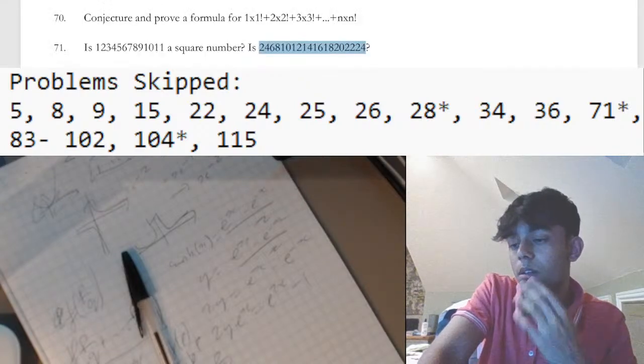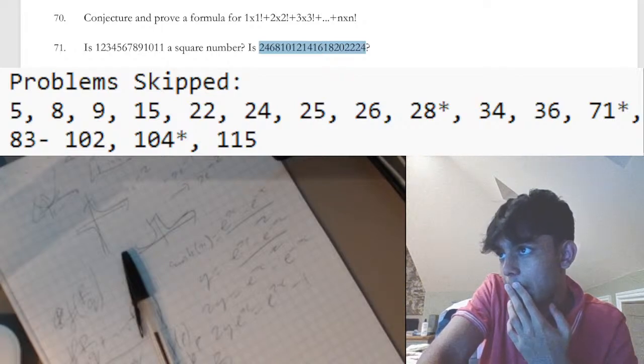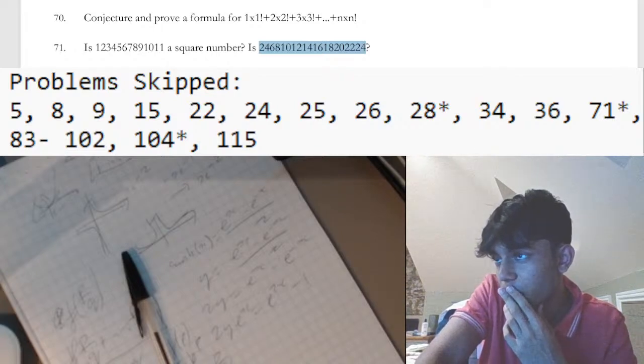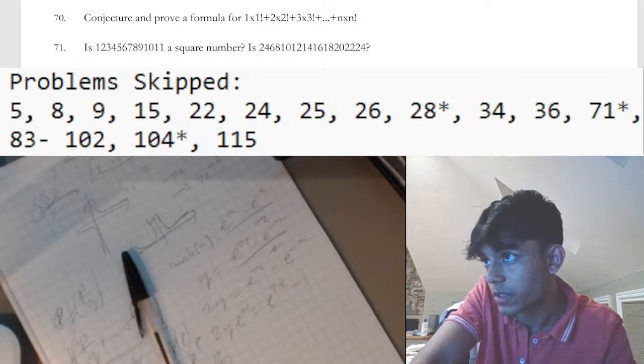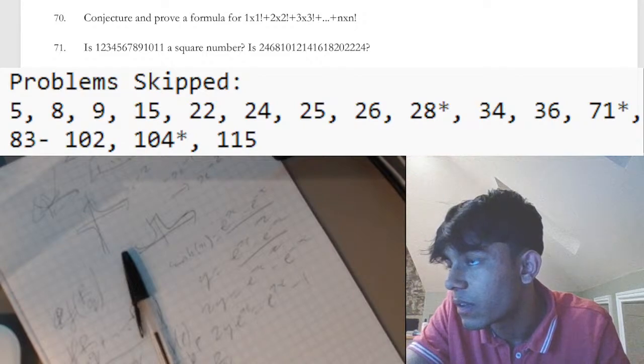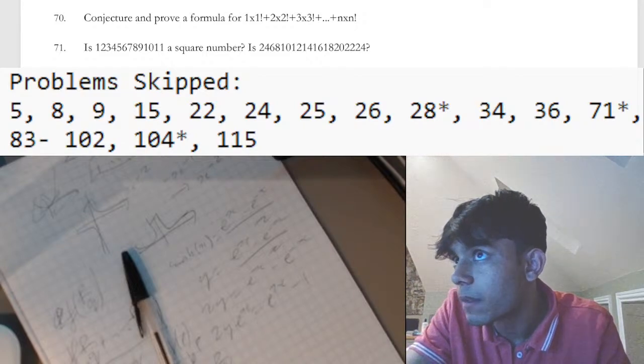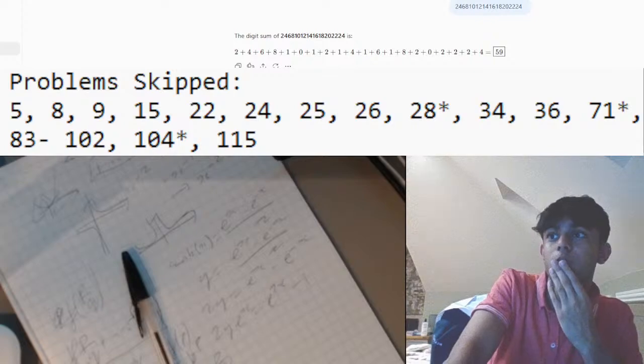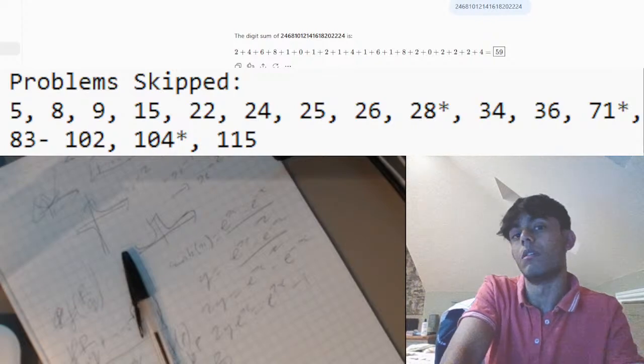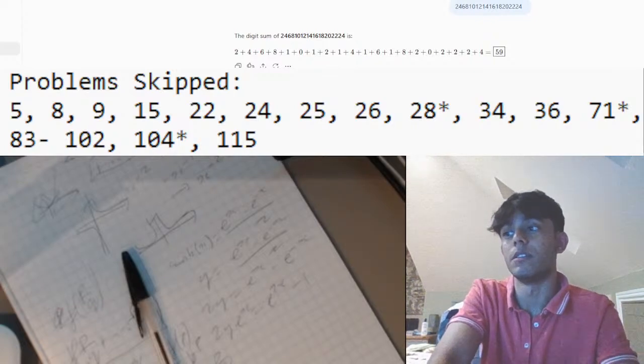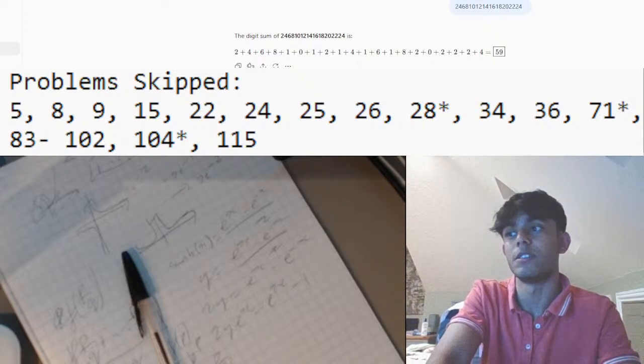Okay, 59. It looks even, because you have four ones. Oh no, wait, you have five ones. Yeah, 59. Okay, so it's not a multiple of three. What is the sum of the even digits minus the sum of the odd digits? Just checking more different things.